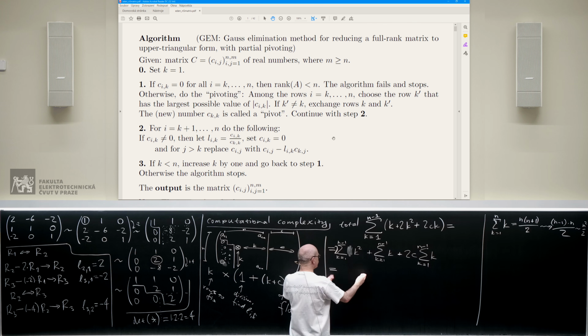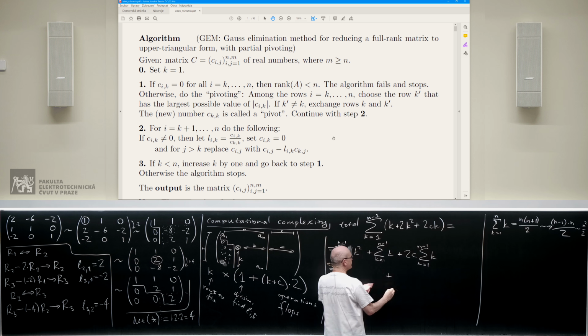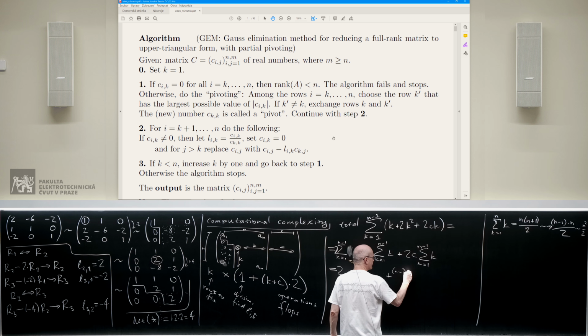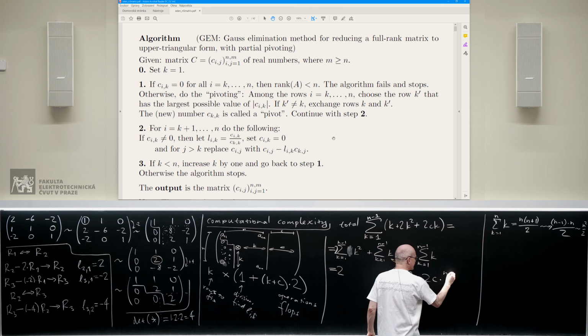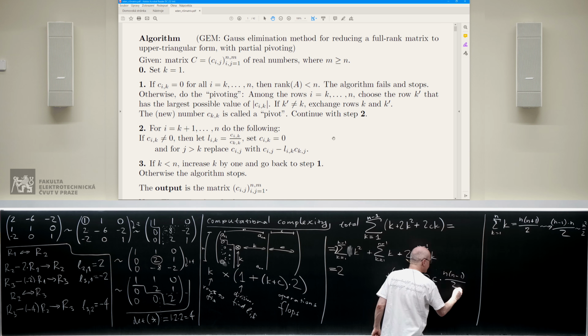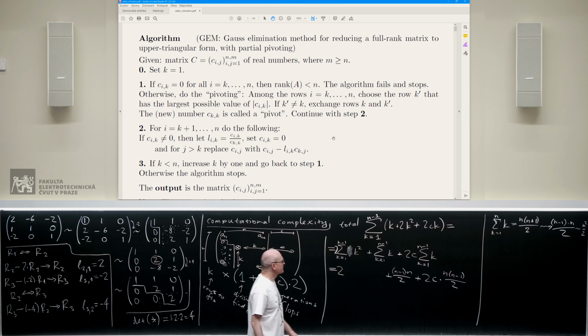Okay, something here, twice, plus this formula, n minus 1 times n over 2, plus 2c times n, okay, I switched it around, doesn't matter. Okay, here we go.